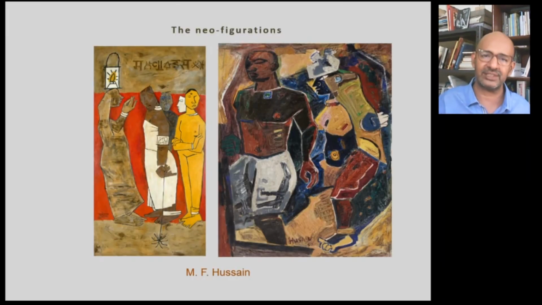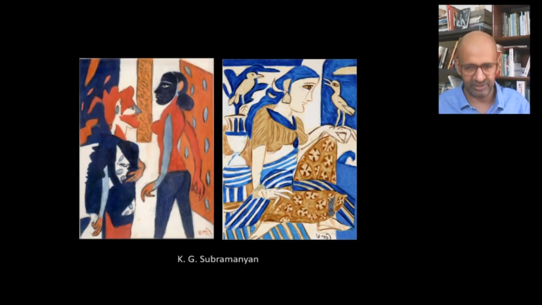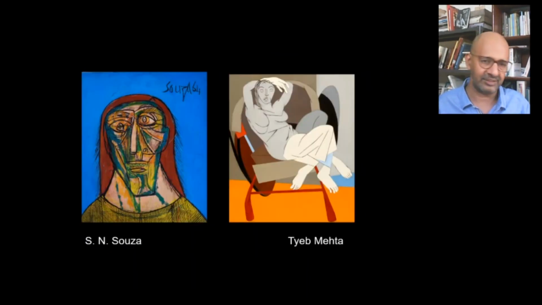So in these new figurations, there are many artists who played a very important role, of whom you have already seen works by M.F. Hussain. You have already seen a few works by K.G. Subramanian. You have seen Souza, Tyeb Mehta.